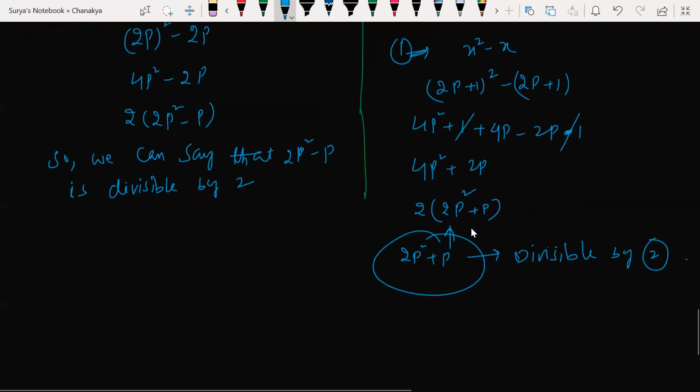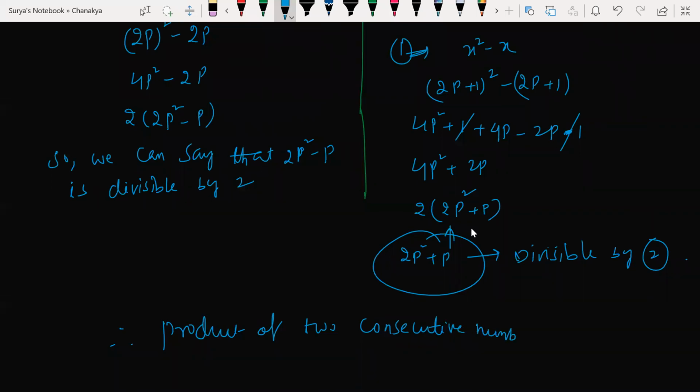So, therefore, can you say now the product of any two consecutive numbers, the product of two consecutive positive integers.